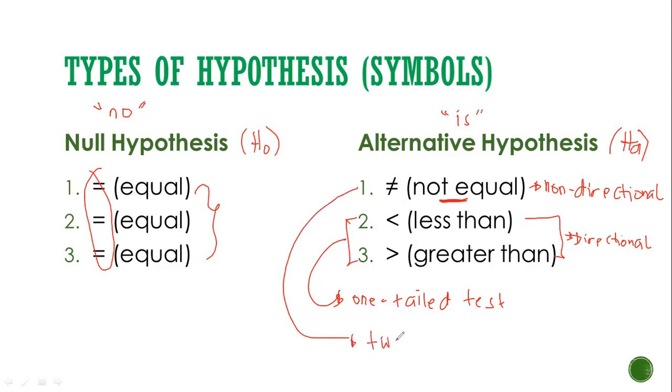Your two-tailed test. Okay, I hope that's clear. So sa alternative hypothesis, there is a difference. Either they're not equal, hindi natin alam yung direction. Kung hindi natin alam yung direction, two-tailed siya. Kung alam natin yung direction, either less than or greater than, one-tailed siya.